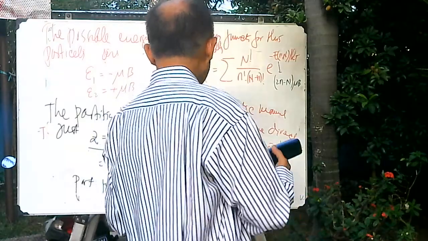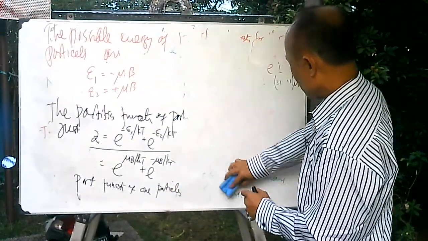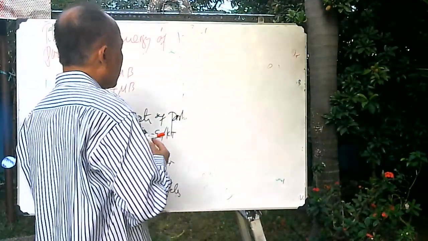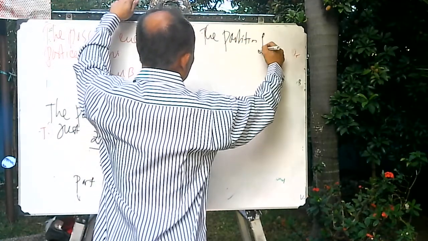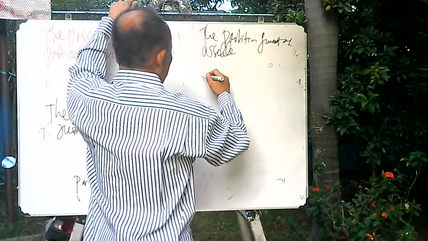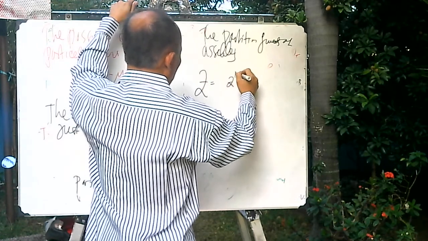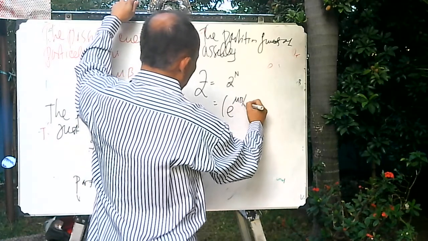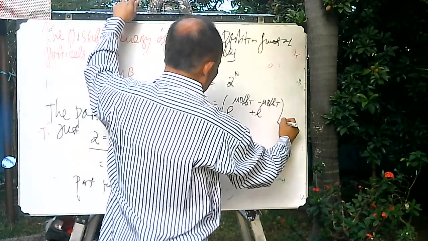Now, from this partition function, we calculate the partition function of the assembly by a simple equation as we have discussed in the previous lecture. So the partition function of the assembly becomes large Z equals small z to the power n, equal to exponent mu b divided by kT plus exponent negative mu b divided by kT, to the power n.